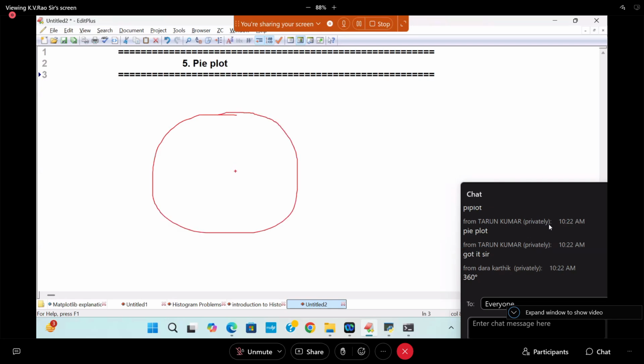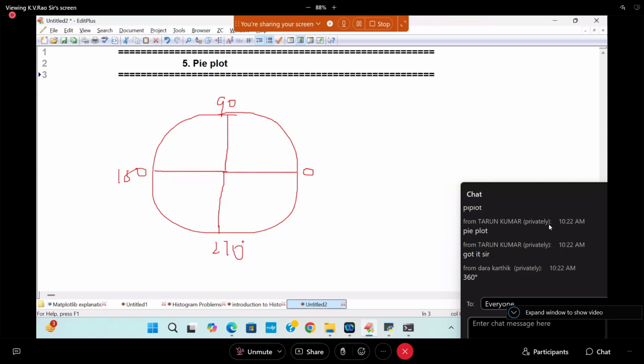This is a circle with 360 degrees. It starts from 0, then 90, 180, and 270. Total is 360 degrees. Okay, that is perfect: 0 to 90 degrees, 180 degrees and so on.